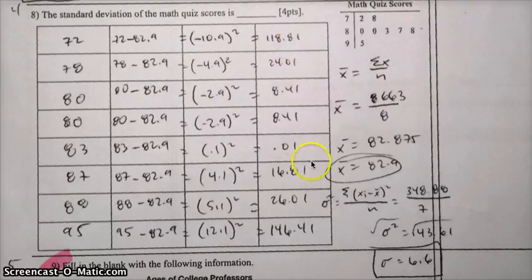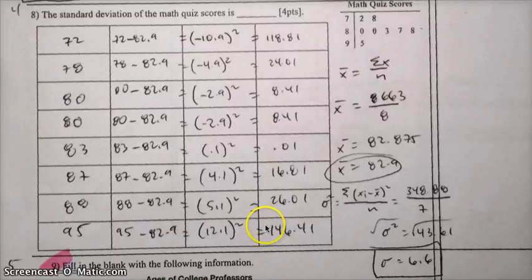Now, these are called the sum of the squared deviations, which just means you add up all of these numbers. When I add them all up, there's your summation, 348.88. And you're going to divide that by your n value, which gives you 43.61. This is called variance, and to get rid of the power 2, you take the square root. So that's the square root button on your calculator of this number, and you get approximately 6.6.